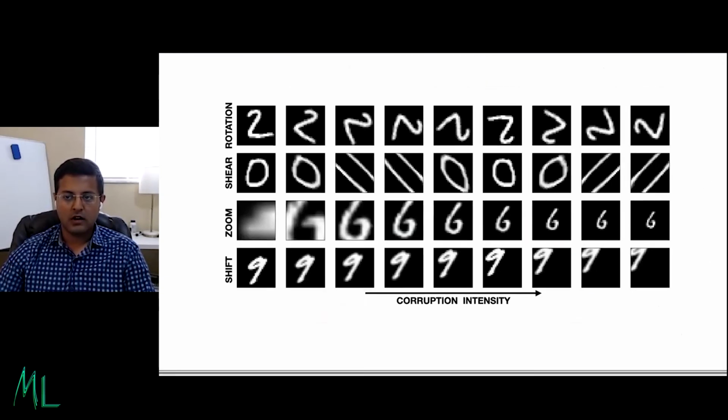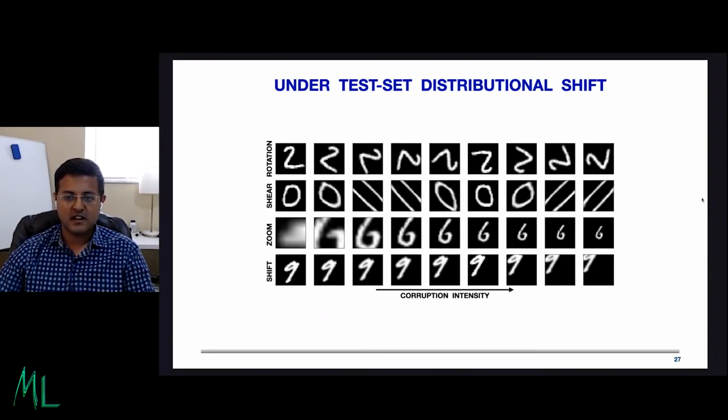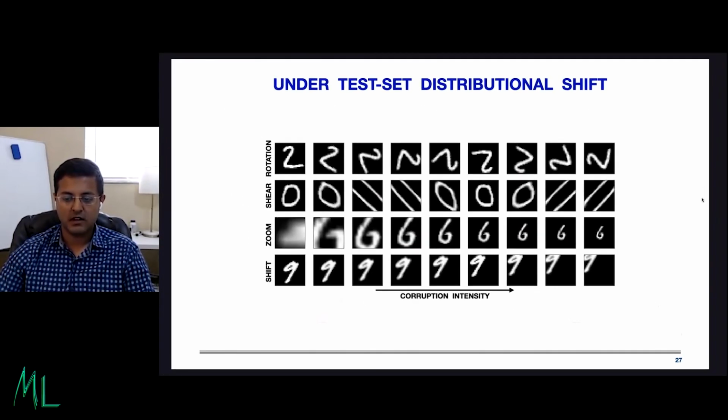So now, as discussed earlier, we are also interested in comparing different uncertainty quantification methods under a situation where your test set undergoes a distributional shift. So in this case, we take some simple corruption techniques and we increase the corruption intensity.